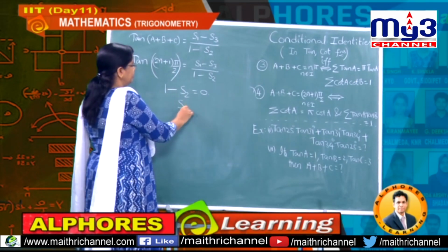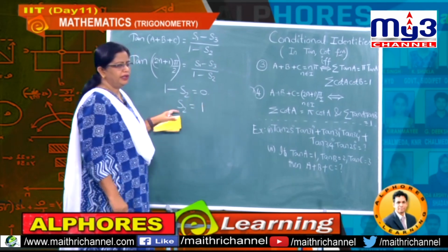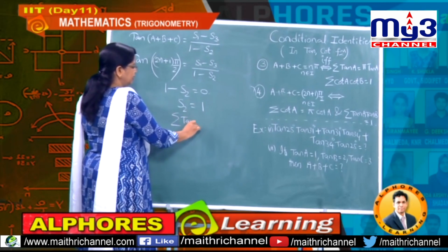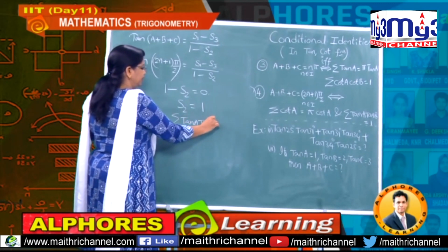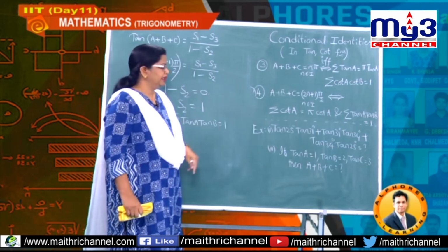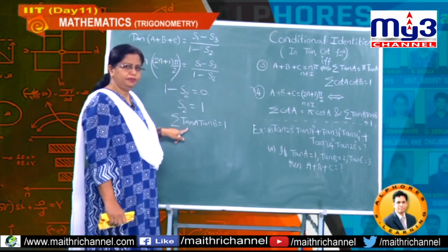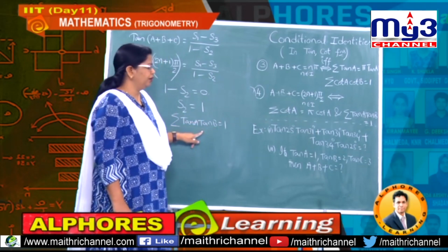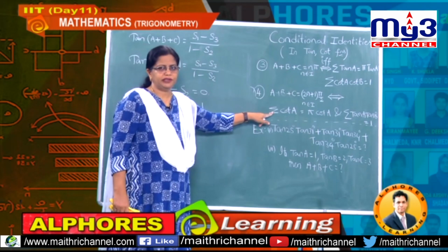Hence S2 equals 1. What is S2 here? It is nothing but sigma tan A tan B. So in this problem you got sigma tan A tan B equal to 1. Then in this result, if you write tan A as 1 by cot A and tan B as 1 by cot B, obviously you can obtain this result also.